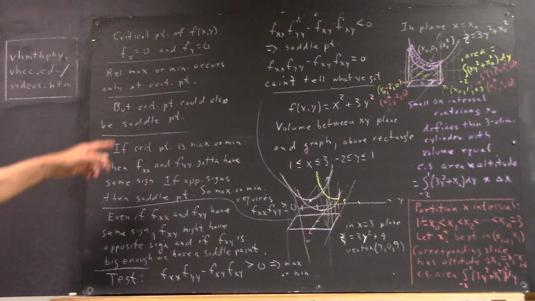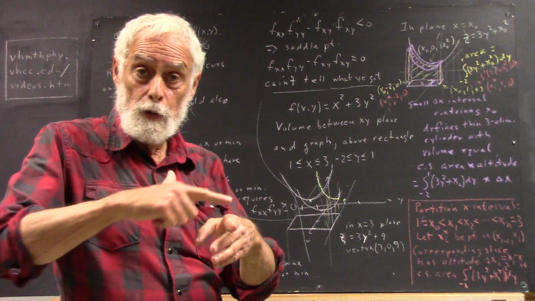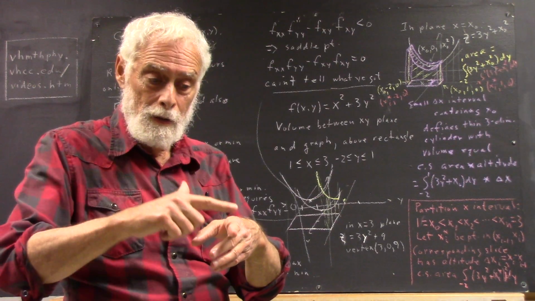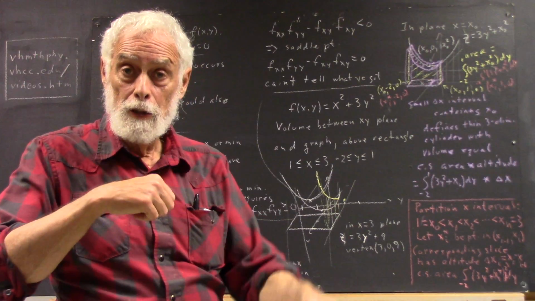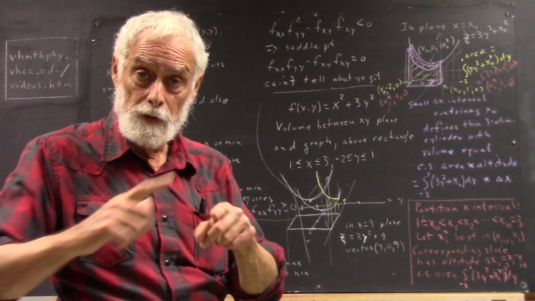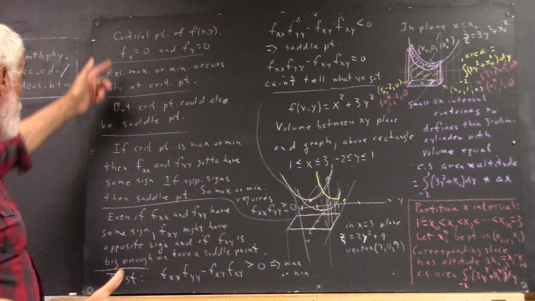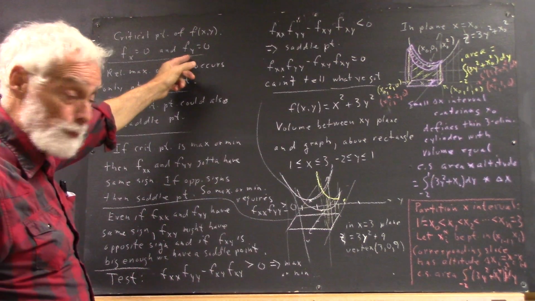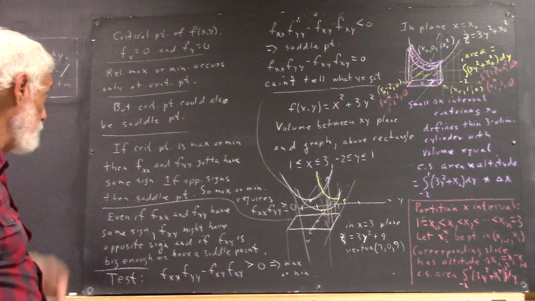So, a critical point can easily be a saddle point. In both cases, here you have a parabola, you've got the vertex, and the tangent line is horizontal. And here you've got a parabola, vertex at the same point, tangent line is horizontal. You have f_x equals 0 and f_y equals 0, but you don't have a relative max or min. You have a saddle point.